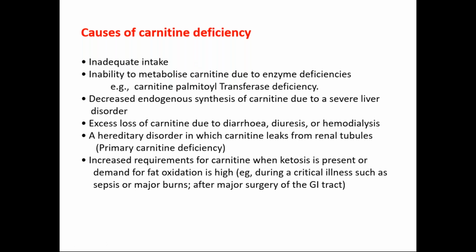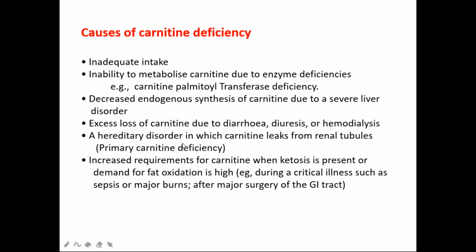As carnitine is synthesized in the liver, during severe liver disorder there will be decrease in synthesis of carnitine. And there can be excess loss of carnitine due to diarrhea or due to any renal condition, diuresis or hemodialysis.